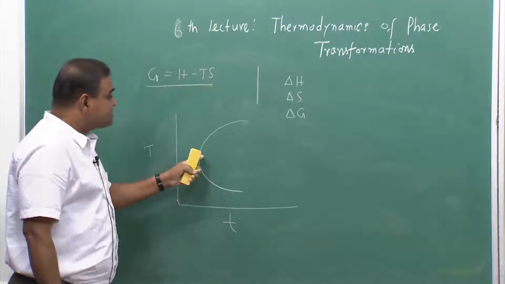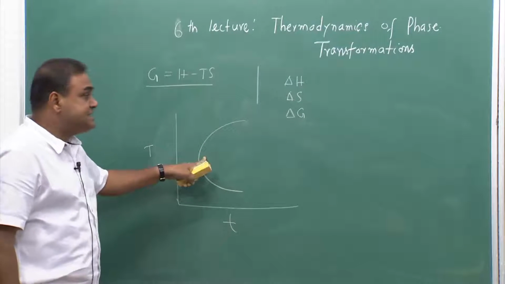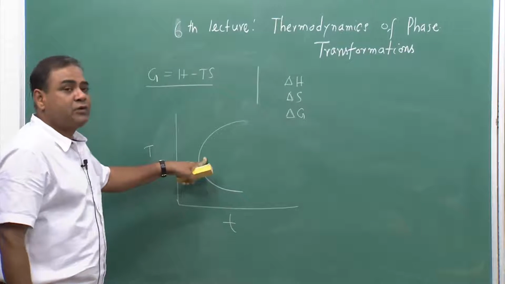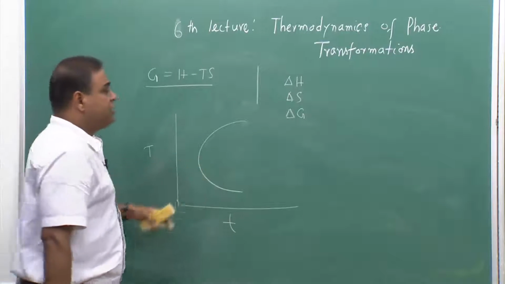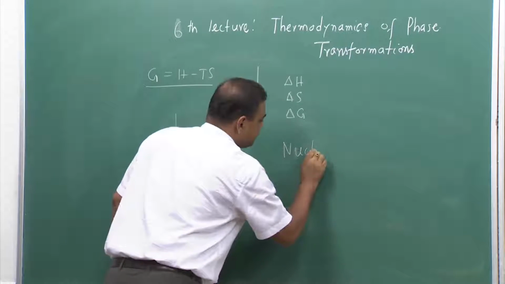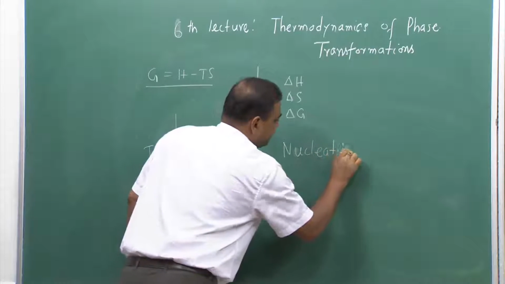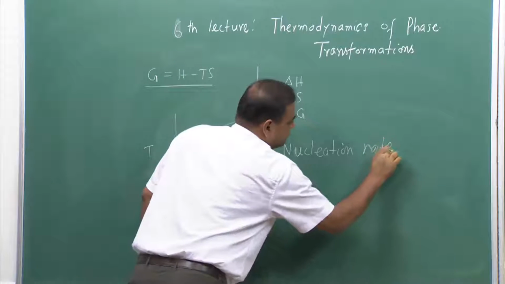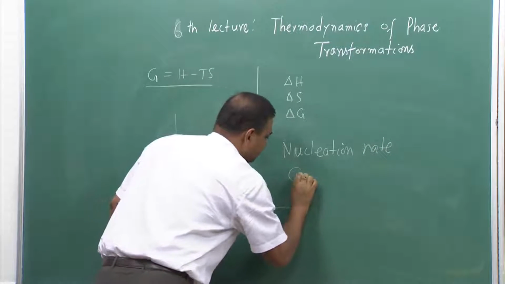While calculating this TTT diagram, we would require information about the nucleation rate as well as the growth rate.